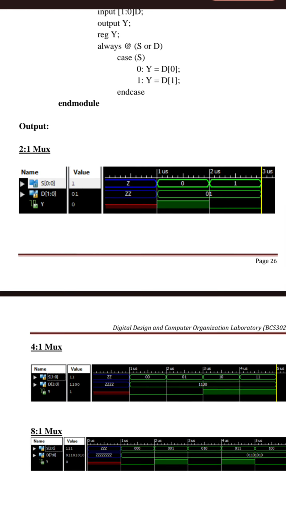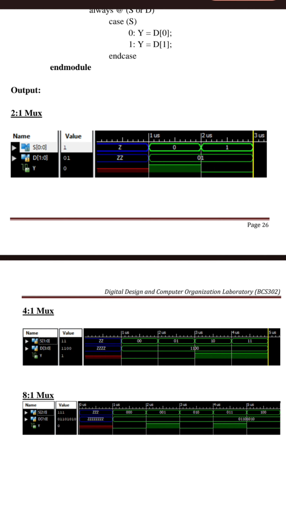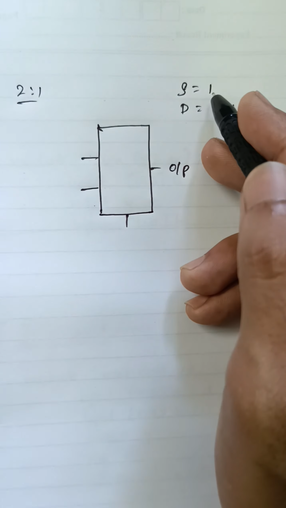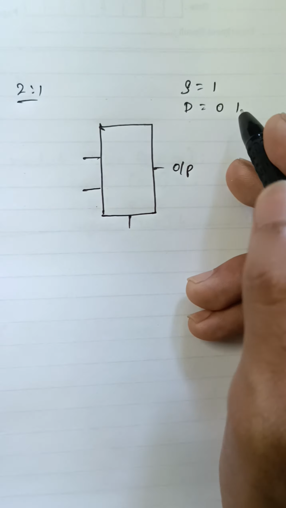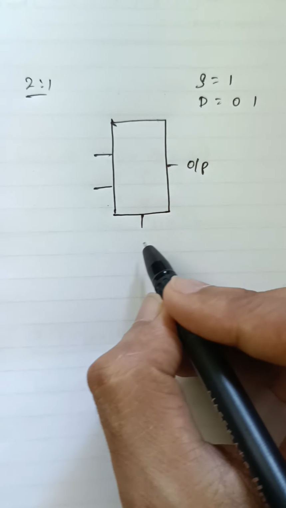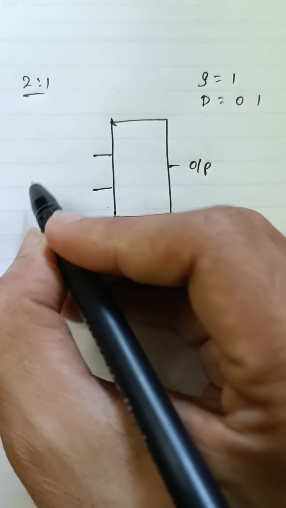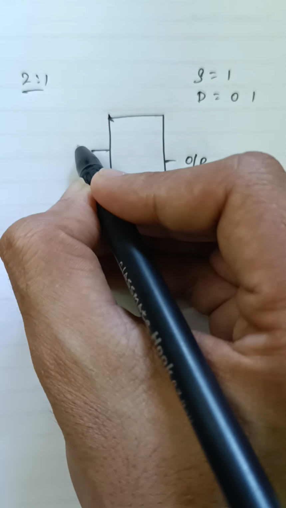Here they have given some examples. In the 2:1 multiplexer, the select value is 1 and the inputs are 0 and 1. Then what will be the output? The select is 1, and the inputs are written as 0, 1.